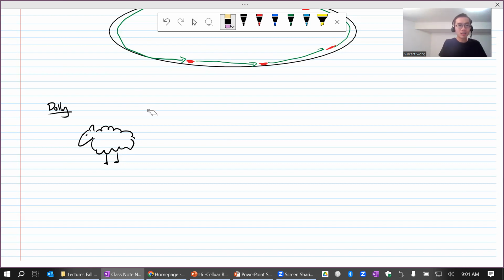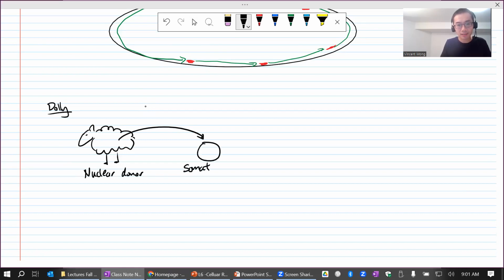And let's see. So here is Dolly. So this is the nuclear donor. They take a cell, just a bodily cell, a somatic cell. It could be from anywhere. I forgot where they took it from, but it could be from the liver, from the heart, whatever.